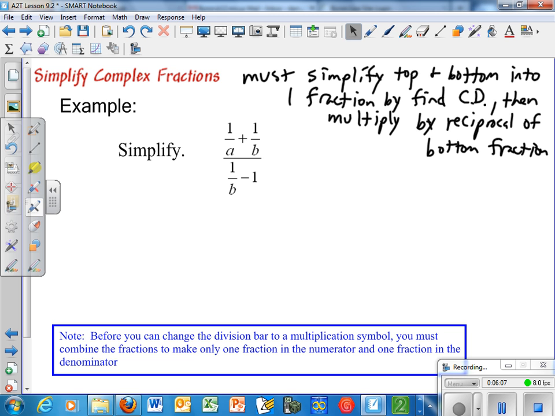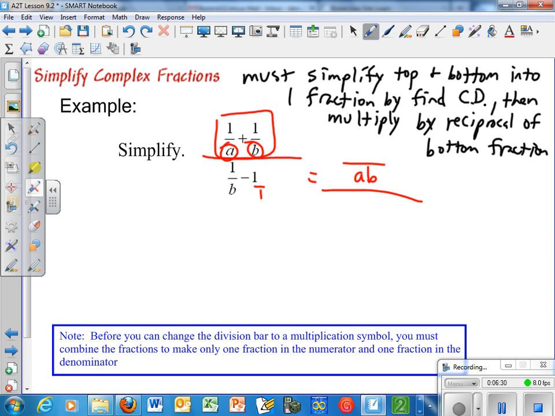All right, so let's look at this example. On the top, I'm going to make this a fraction first. So I'm looking at my top right here. Here's my division sign. So my common denominator would be AB. Notice you have a factor of A and a factor of B, so it's AB.